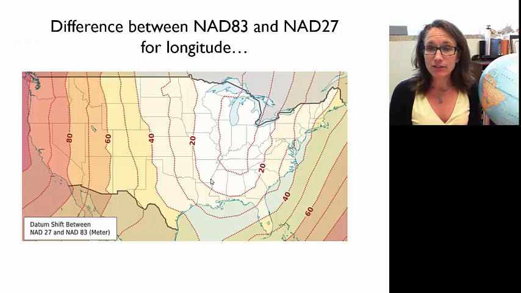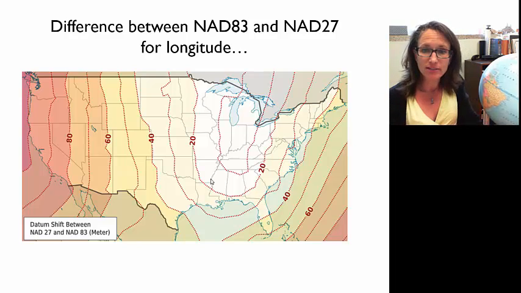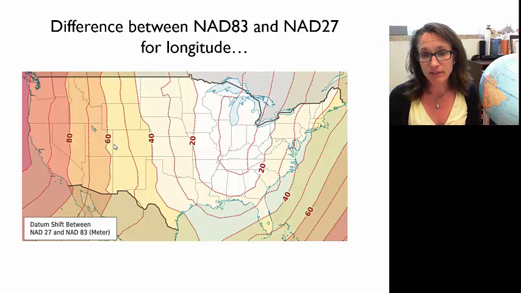So the difference, and this is important, describes this important point that the different datums will result in errors in position. The datum shift between the NAD 27 and NAD 83 datum in meters for longitude, so that's distance east-west. If we go to here in Grand Junction, we're talking an east-west distance that's 58 meters in location.